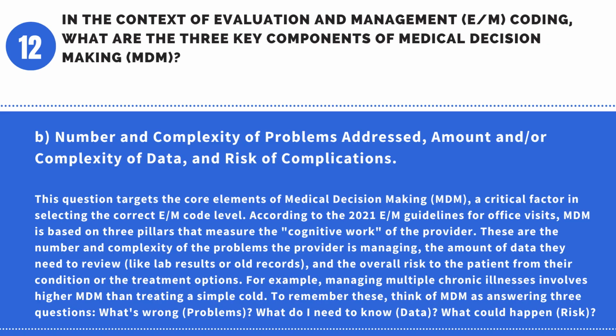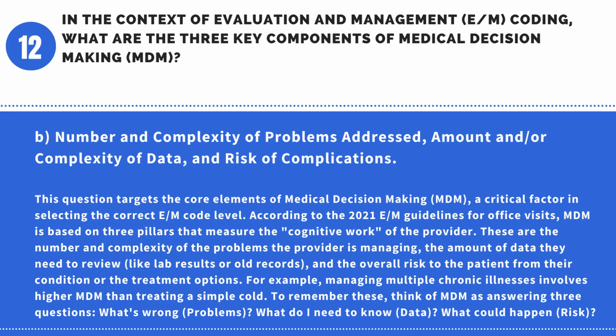This question targets the core elements of medical decision-making, MDM, a critical factor in selecting the correct E/M code level. According to the 2021 E/M guidelines for office visits, MDM is based on three pillars that measure the cognitive work of the provider. These are the number and complexity of the problems the provider is managing, the amount of data they need to review, like lab results or old records, and the overall risk to the patient from their condition or the treatment options.